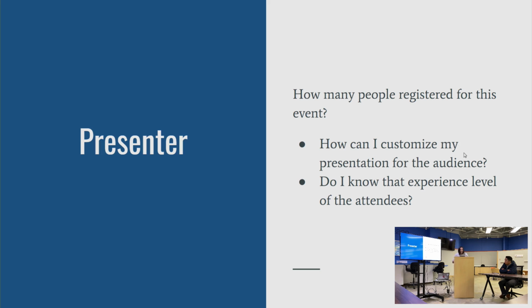So as a presenter, the number of people that registered, to me, what I will use that for is to customize the presentation. Do I have a lot of experts on this topic coming in, or is it a lot of entry level? Those are the kind of things that would be important to me.